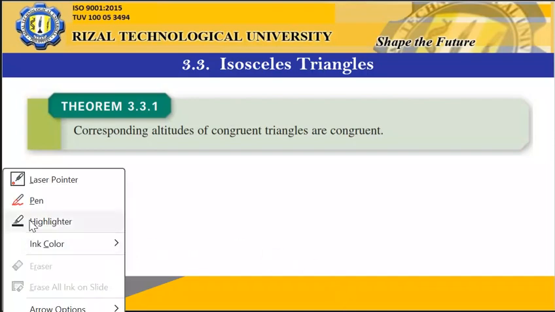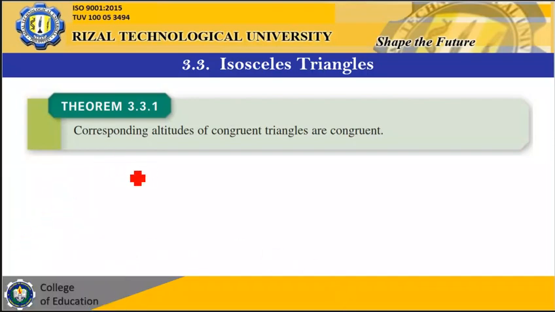Okay, so we need to show that is true, but first let us illustrate our triangles. Let's have two triangles first. And let's name this one as triangle ABC.